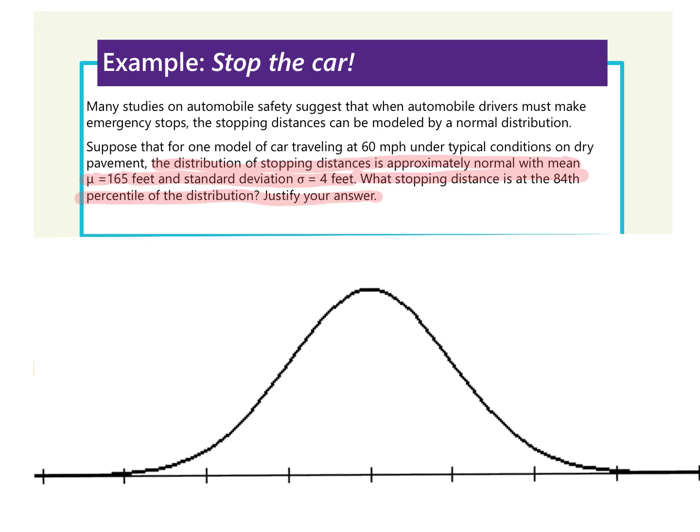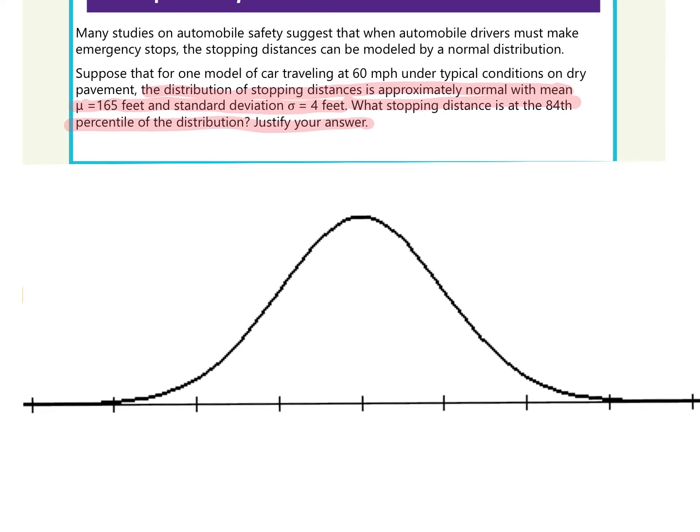Well, first we need to label our normal model with the means and the standard deviations. So our mean is 165. So 165 goes in the center of our normal model. And then we're going to add 4: 169, 173, 177.